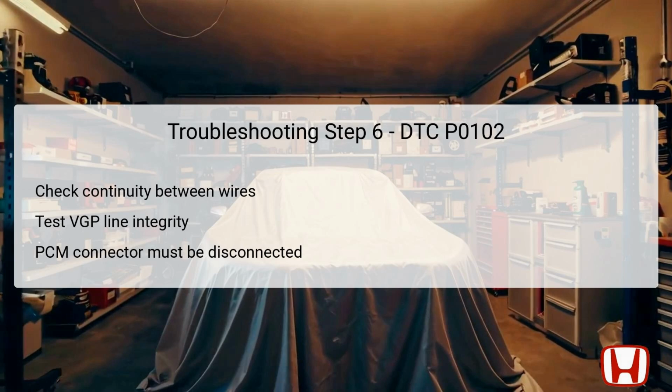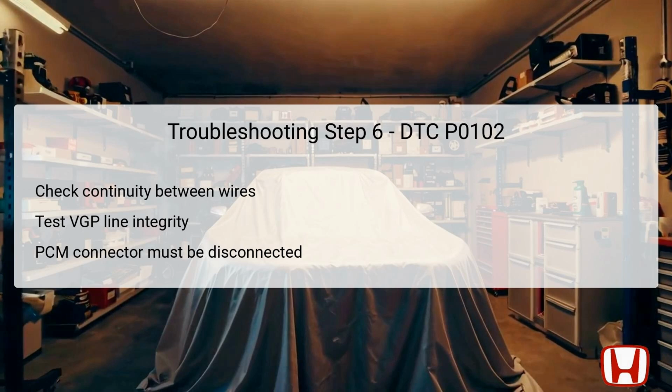This allows for a clear continuity measurement between the test points within the wiring. Success indicates that the VGP wiring is intact. Although if the circuit fails the continuity test, this points to an open wire condition that may require further investigation.